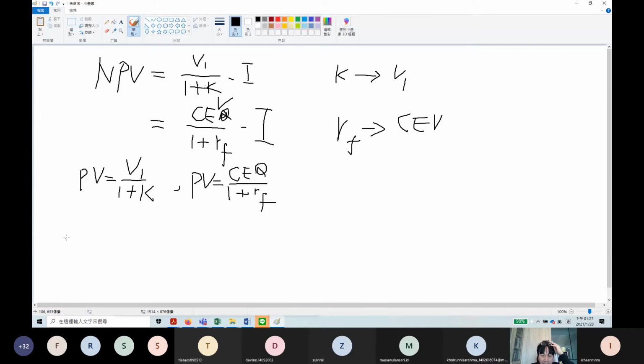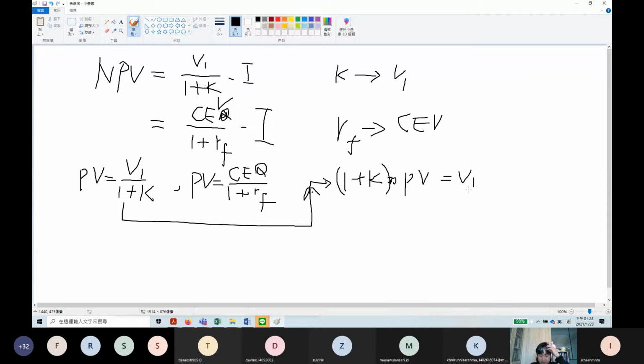So by this one we know 1 plus K, 1 plus the adjusted rate of return, equals V1 over PV, right? Equals V1 over PV.